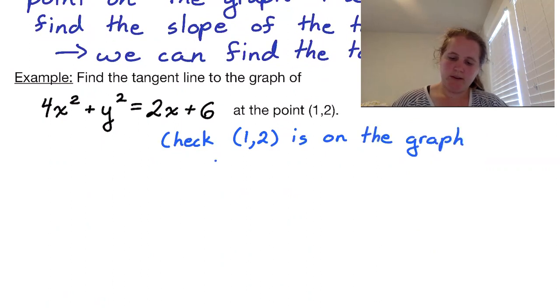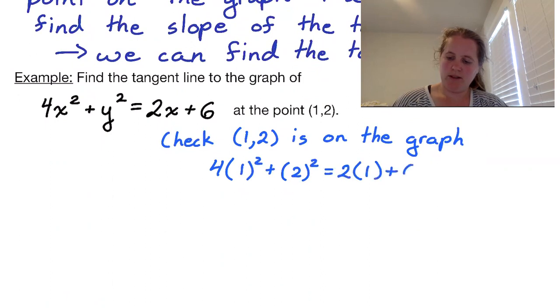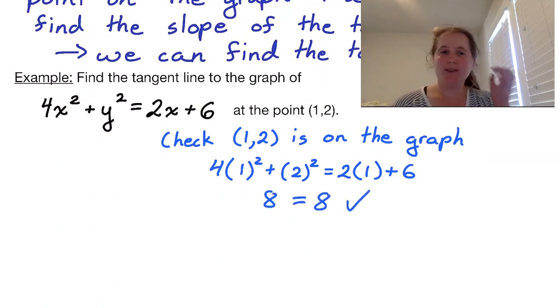If we plug that in, we have 4 times 1 squared plus 2 squared is equal to 2 times 1 plus 6. And we do indeed get 4 plus 4 is 8, and on the right, we also have 8. So presumably you should be given a point on the graph, but on the off chance it's not, you're not going to be getting a tangent line. It wouldn't make sense to work with that point.